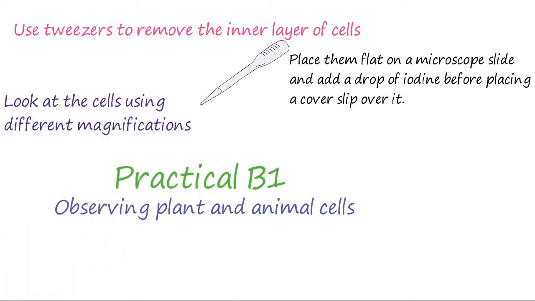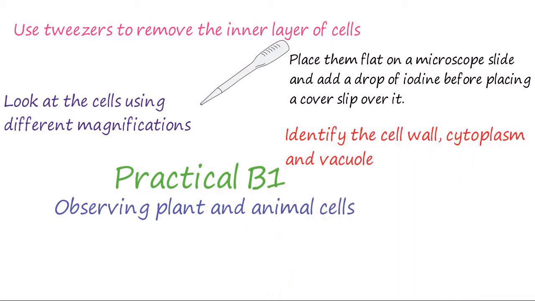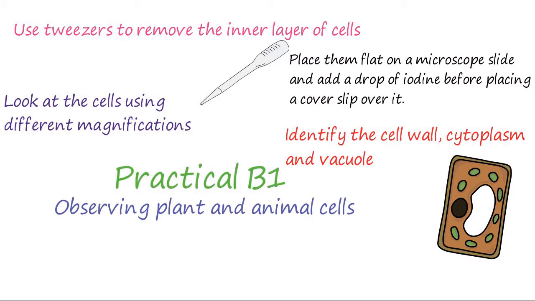First, look at the cells using the lowest magnification on your microscope, and then increase the magnification until you can clearly see the cell structure. As onion cells are plant cells, you should be able to see the cell wall, cytoplasm, and vacuole. Then, repeat this process using a pondweed leaf, although you'll be adding a drop of water this time instead of iodine.